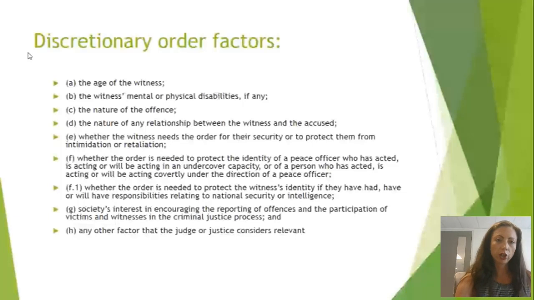With respect to discretionary order factors, some factors are similar to those articulated in 486.1, in particular the age of the witness, mental or physical disabilities, the nature of the offense, the relationship between the parties, and whether the witness has a desire for protection against intimidation or retaliation. And there are other provisions in relation to identification of a police officer in an undercover capacity.